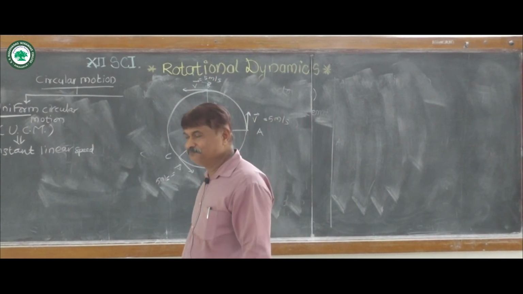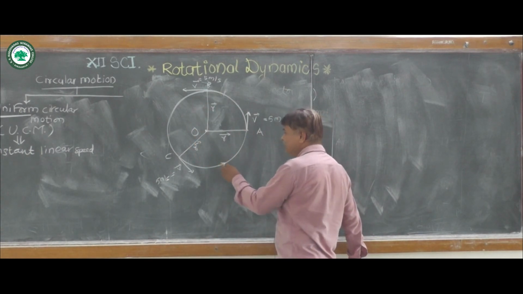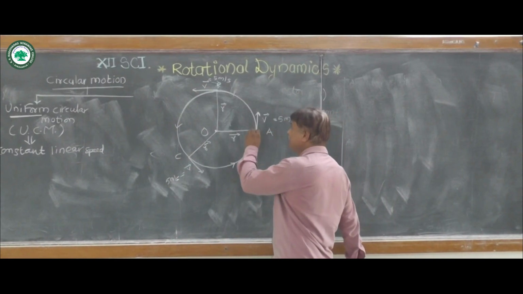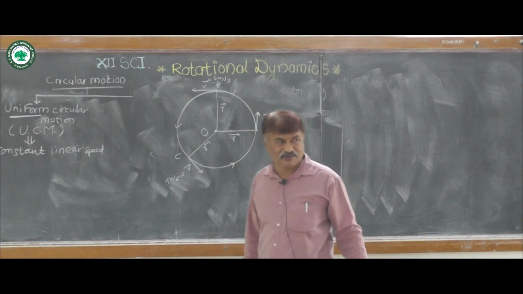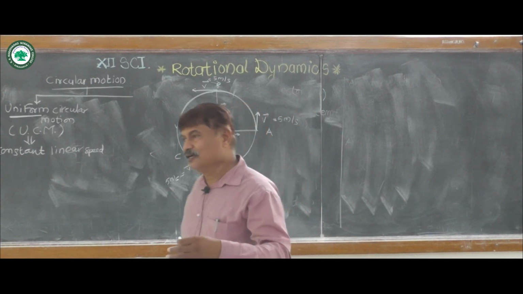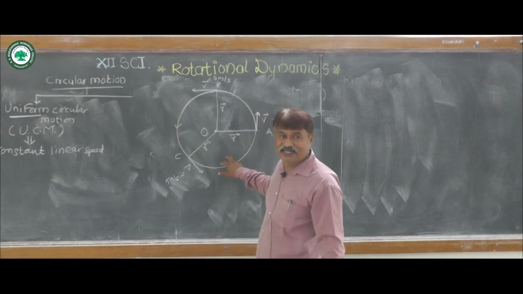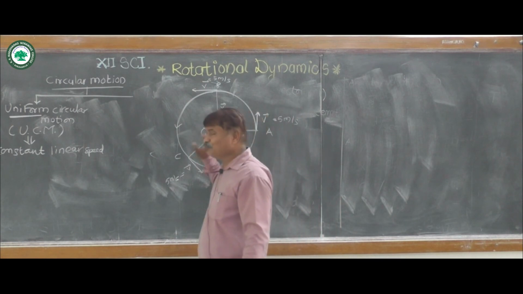Now second point. If the particle is at position A and the particle is moving in an anti-clockwise sense, then after some time the particle again comes to point A. This motion repeats in equal intervals of time, and therefore it is also called periodic motion.